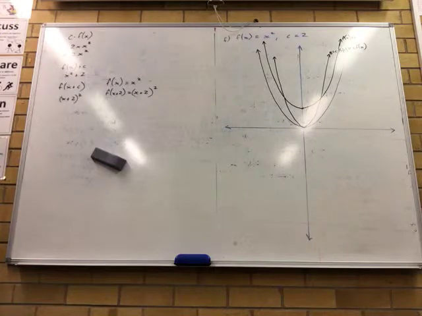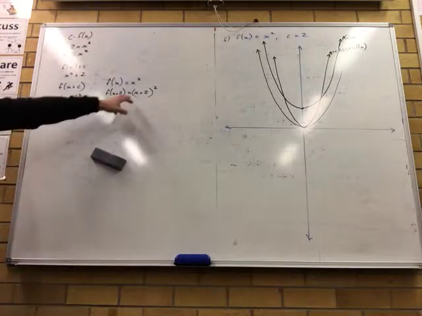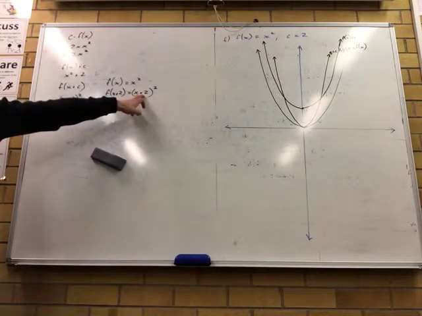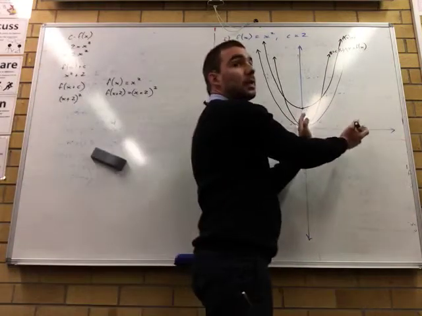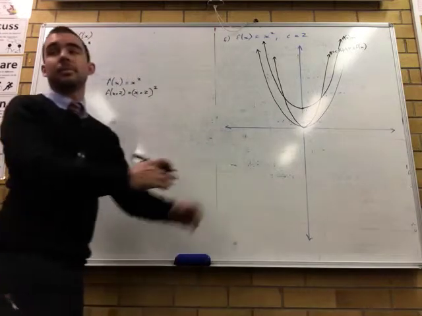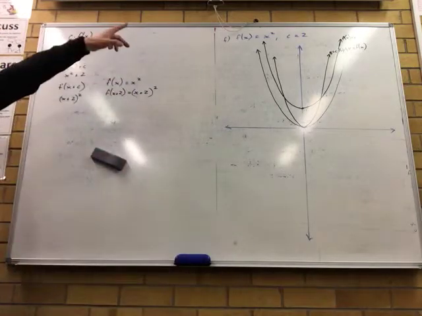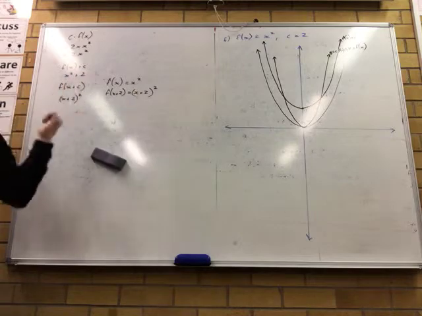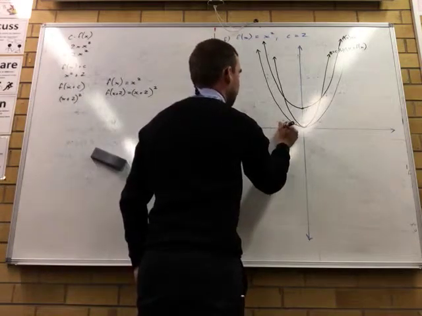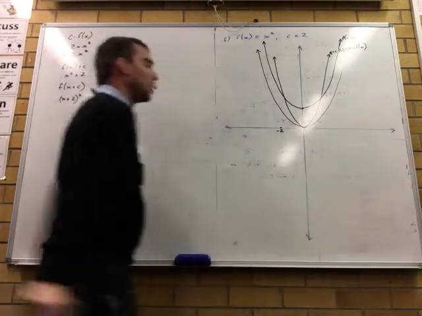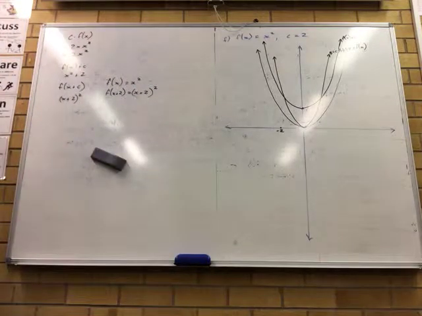You can go ahead and expand that out and solve to 0, but you're just going to end up factorising again, back to that form. Because you've got a positive 2 incorporated in the function, you translate horizontally in the opposite direction. So you've got a positive 2, we translate in the negative direction. That means we go this way 2 units, and it will turn at the point where x equals negative 2.